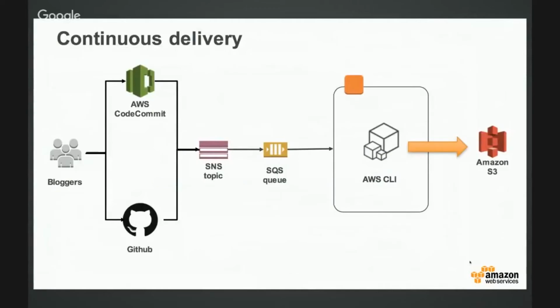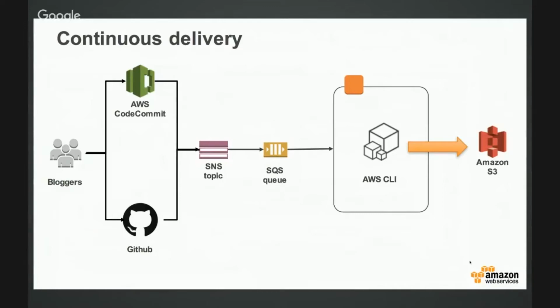And one thing that our customers and I myself use a lot is continuous delivery to AWS. So I usually set up a pipeline like this where people writing content push directly to the content repositories, that can usually be a Git repository, such as GitHub or our own AWS CodeCommit.